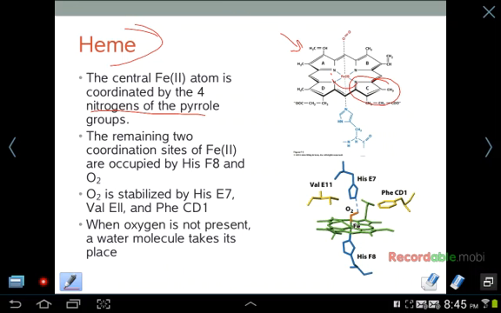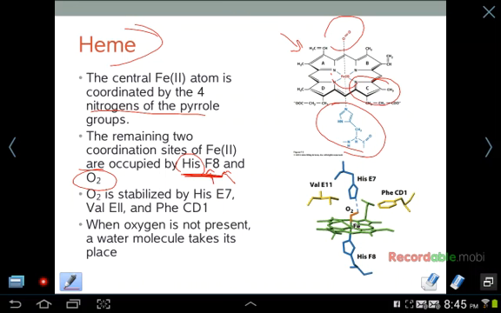Now, iron 2 likes to actually have 6 coordinations, so the other 2 coordination sites on iron are occupied by histidine on helix F. Okay, so it's the 8th residue in helix F, which happens to be a histidine that we can see here. And the other site is coordinated by the oxygen molecule that it carries.